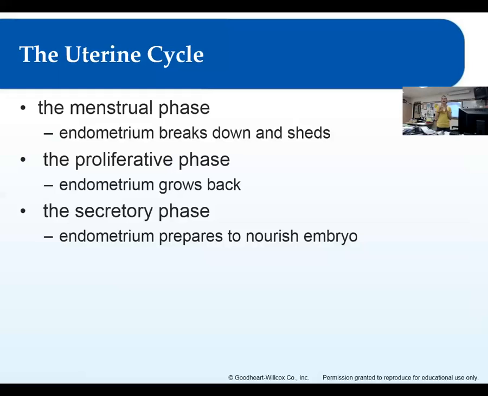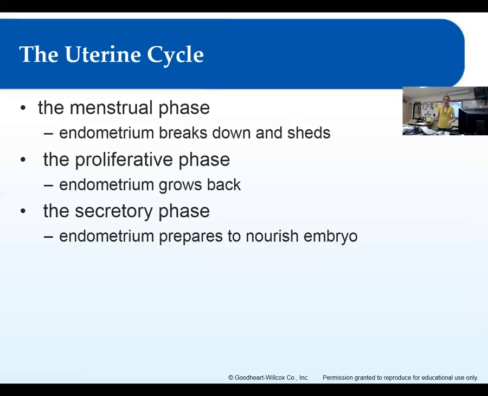So basically, every month, what happens in the menstrual cycle or uterine cycle, whatever you want to call it, is that it prepares constantly for pregnancy. The uterus gets ready every month for a new zygote, for a baby.